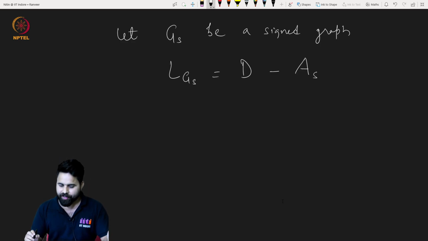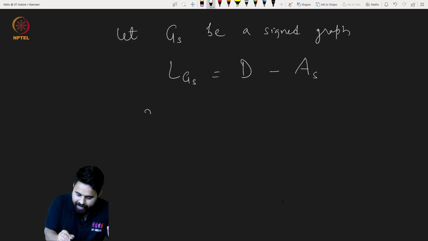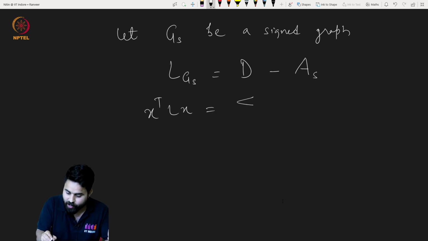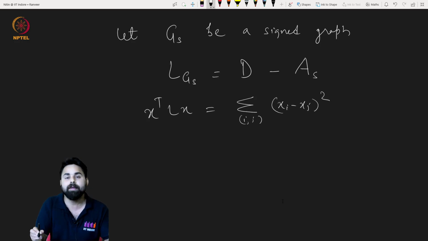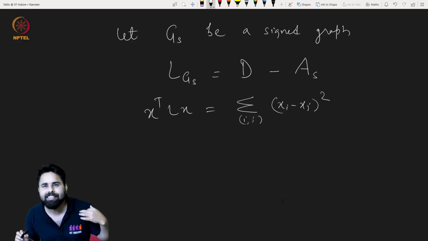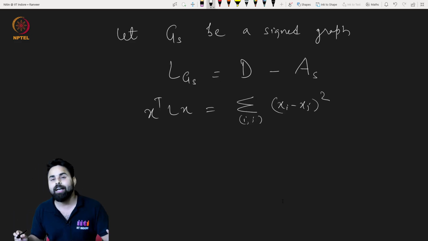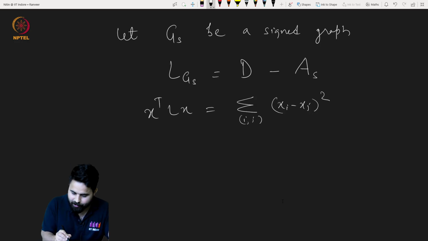Now, if you see it carefully, we have seen that x transpose Lx in the unsigned case was nothing but a summation over all edges ij of this quantity. We have seen it many times. But in case of the Laplacian matrix of a signed graph, what will this be?